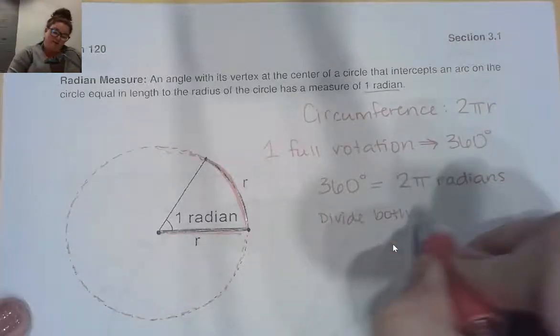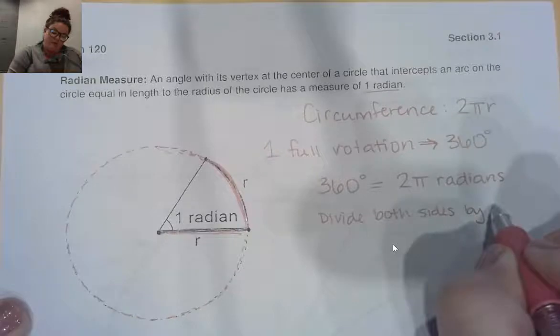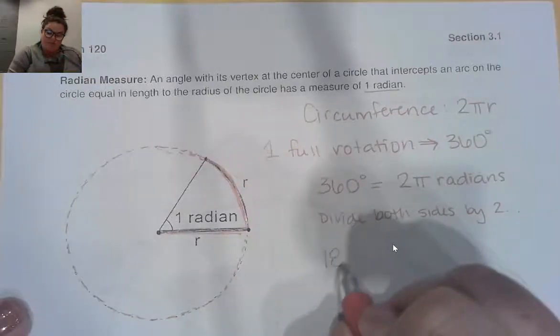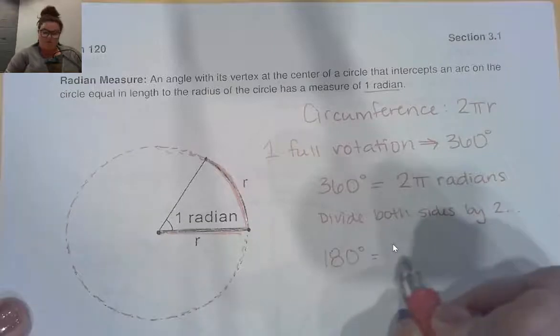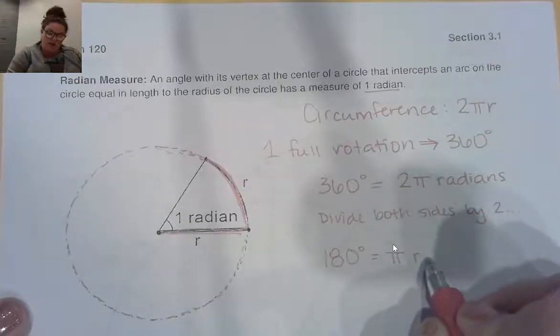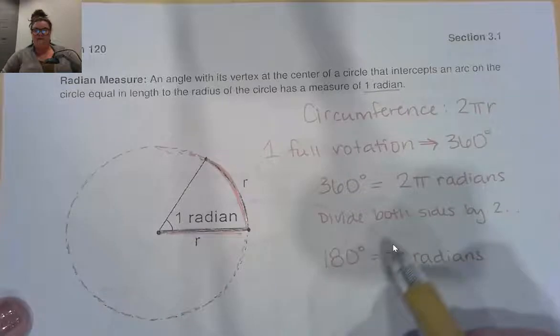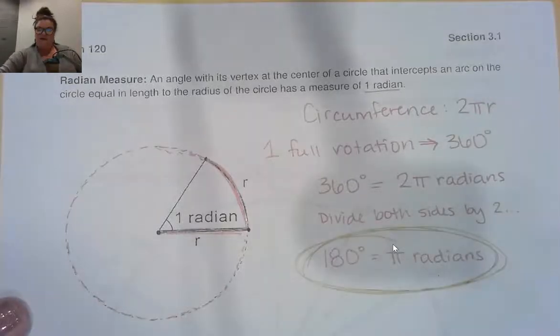So if I divide both sides by 2, what I end up with is 180 degrees is equal to just pi radians. So this is our big important relationship that we want to be able to walk away from in this section.